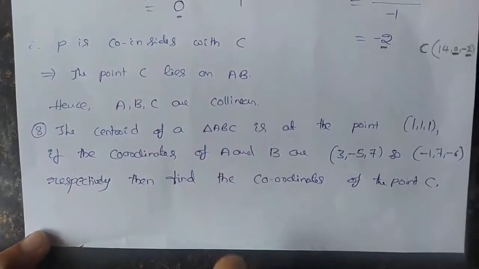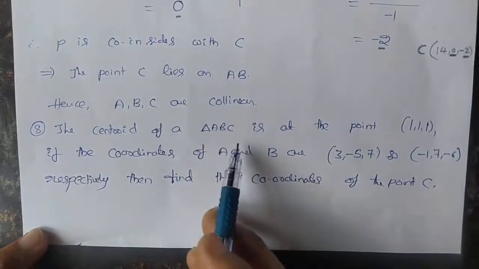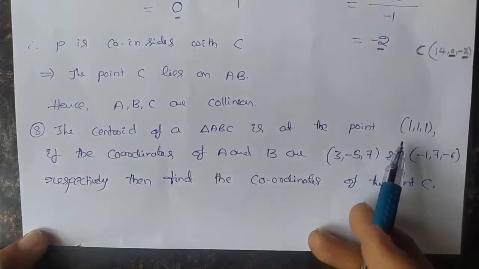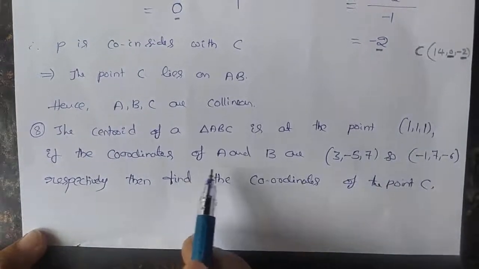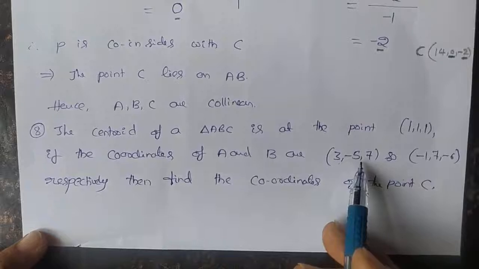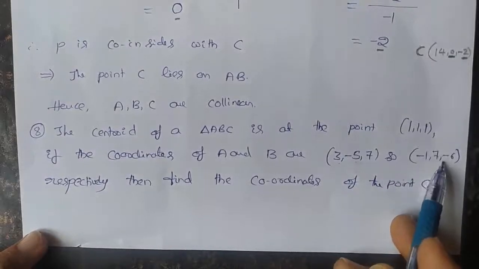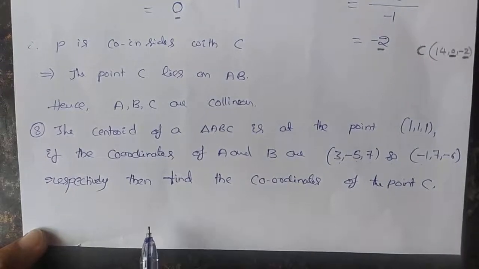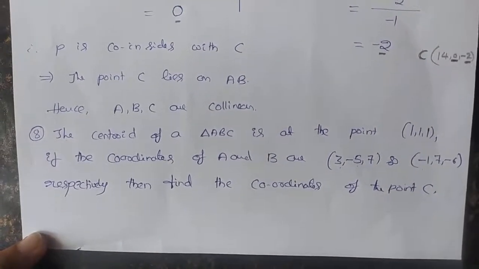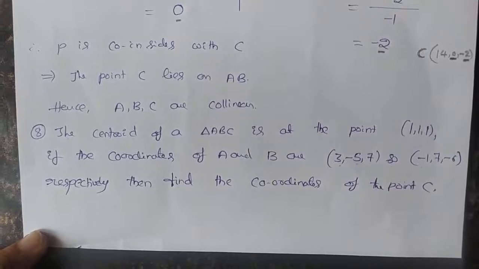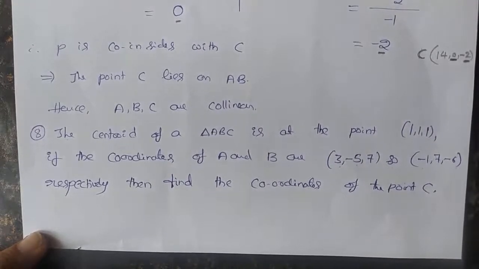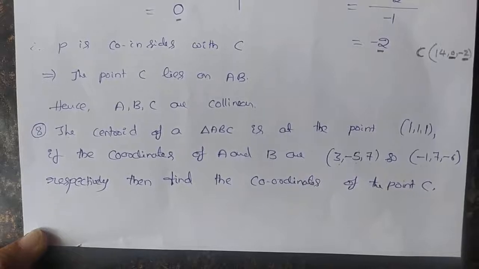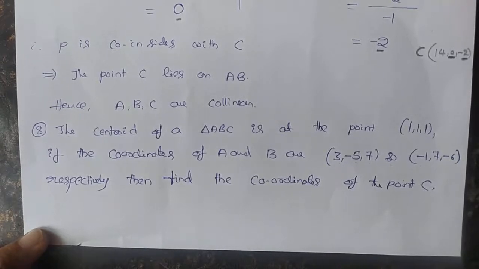See the next question. The centroid of a triangle ABC is at the point 1, 1, 1. If the coordinates of A and B are 3, minus 5, 7 and minus 1, 7, minus 6 respectively, then find the coordinates of the point C. For this question we need to remember the formula for the centroid of a triangle: x1 plus x2 plus x3 by 3, y1 plus y2 plus y3 by 3, z1 plus z2 plus z3 by 3.